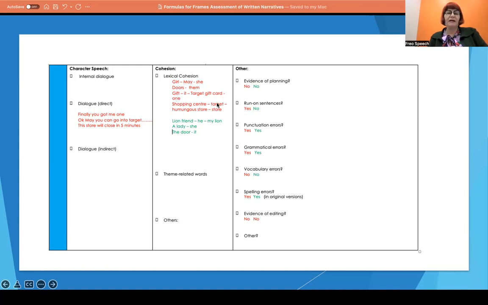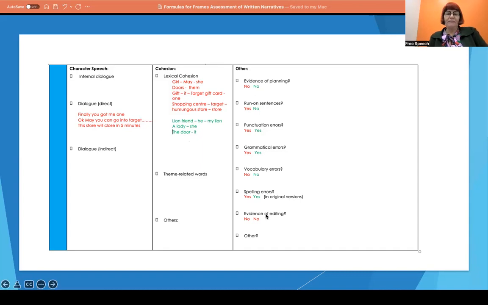Shopping centre, Target, humongous store, and store were four different ways that she used to refer to Target. Lion friend, he, my lion, three different ways to refer to the lion. A lady and she, and the door and it. So there were no examples of poor cohesion.